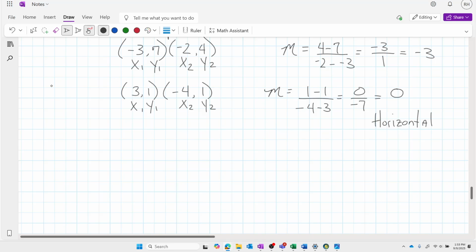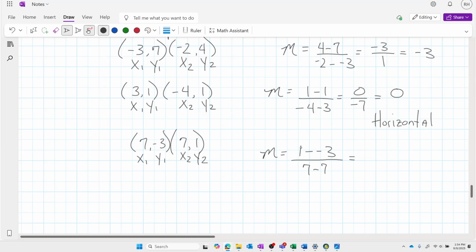And the third line we're going to find the slope of passes through 7, -3 and 7, 1. So if we label the points again, our m is going to be equal to 1 minus -3 divided by 7 minus 7.